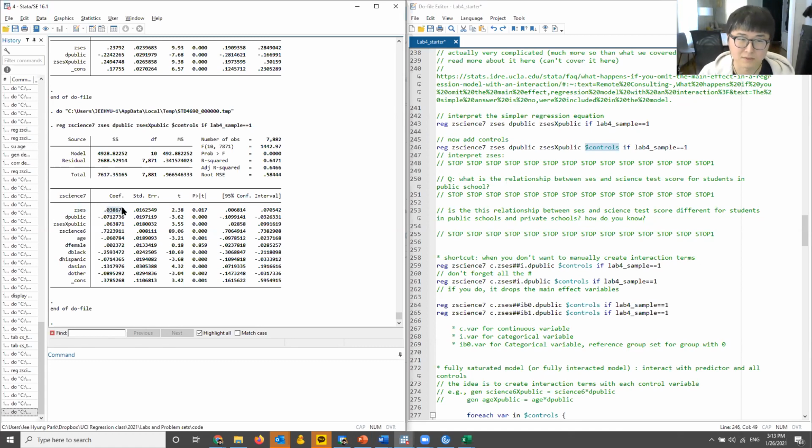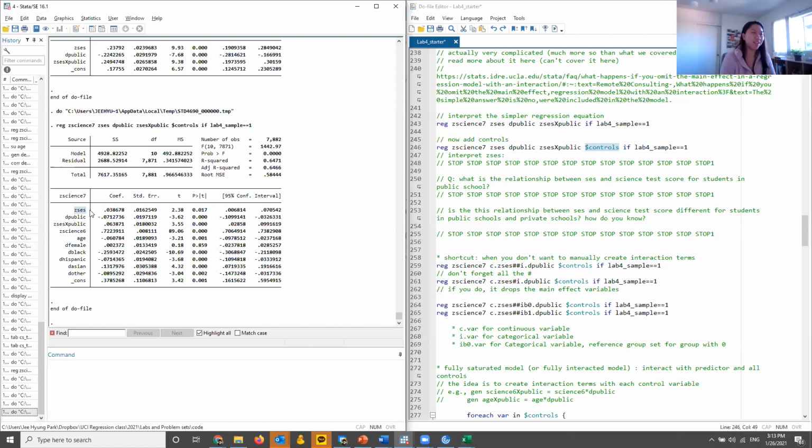Why is this for someone in private school? Yes, this is the relationship between SES and science for somebody in private school, controlling for demographic characteristics. So the question is, what is the relationship between SES and science score at 8th grade for somebody in public school?